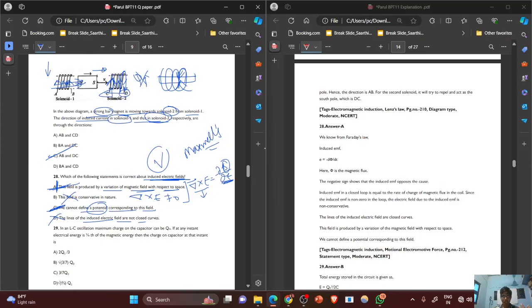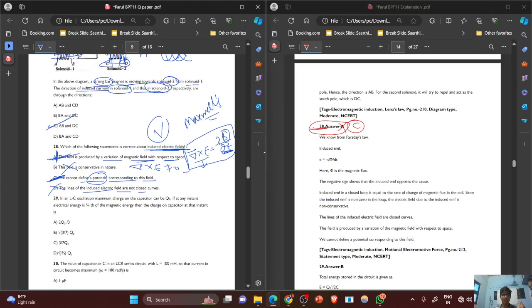This is the outcome of Maxwell's relation. Here it is wrongly mentioned, I think. According to me it should be C, because these fields generate due to variation of magnetic field with time, not space. That's why there is a confusion. So I will go with option number C.